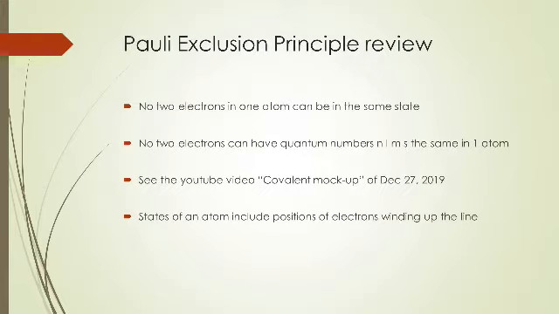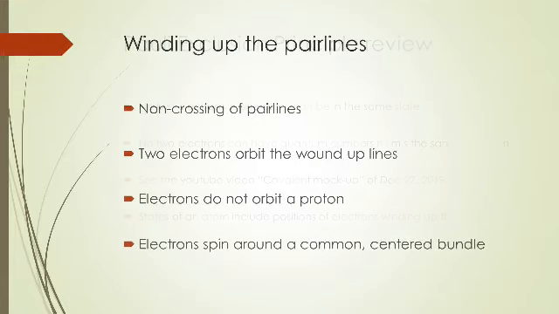All right, so anyway, let's move along with the presentation, and that there's no crossing of the ropes, and 2 electrons orbit not a proton, but that wound up line between 2 electrons. And the electrons are spinning around a common centered bundle of these lines.